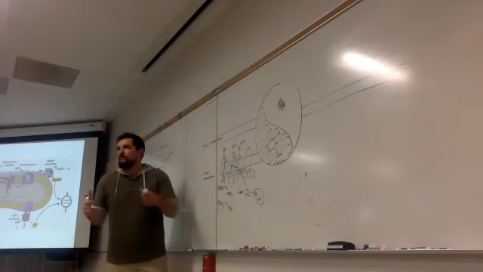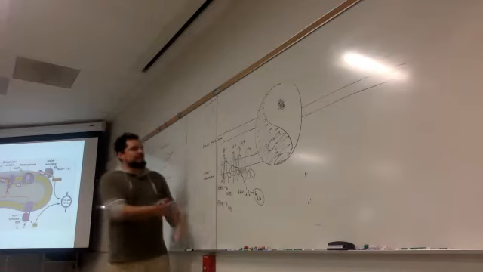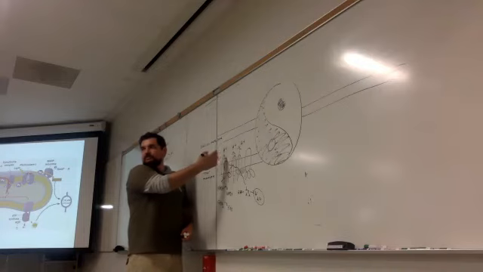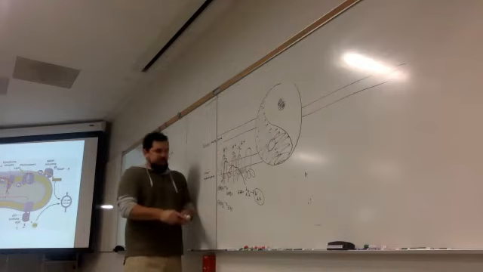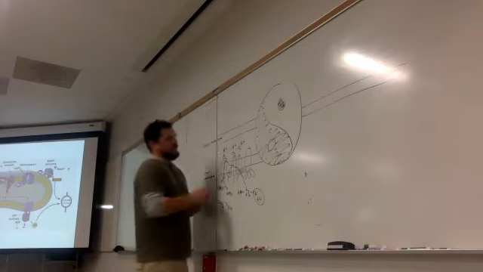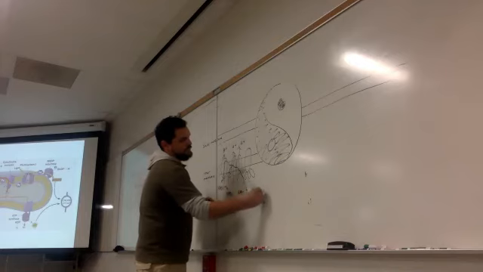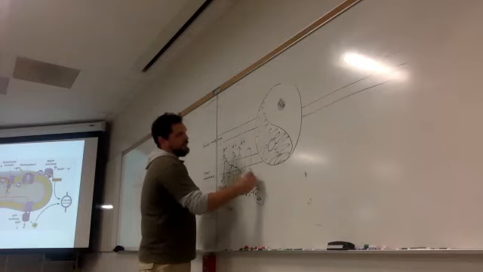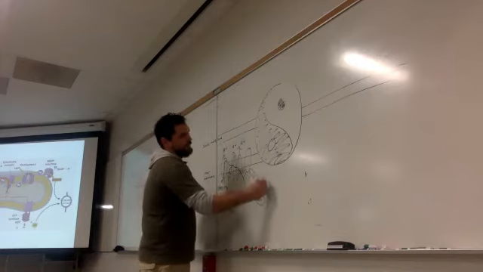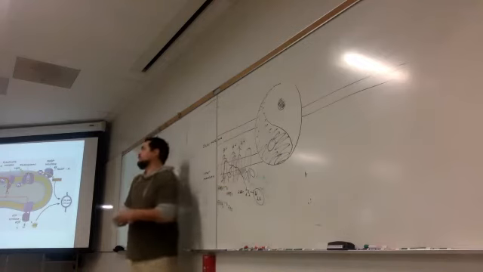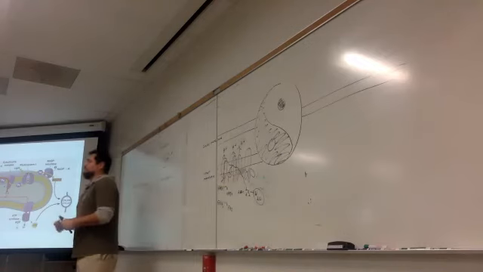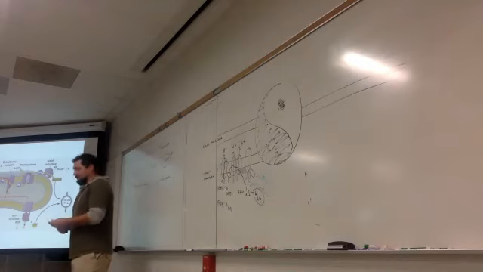Everyone's good on that? And then the purpose of that was to put a bunch of hydrogen protons into the inner membrane space so that they can ultimately get utilized by the ATP synthase to make lots and lots of ATP. Everyone agrees with that?